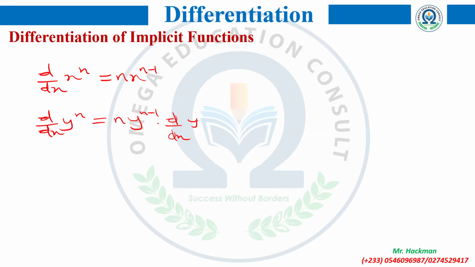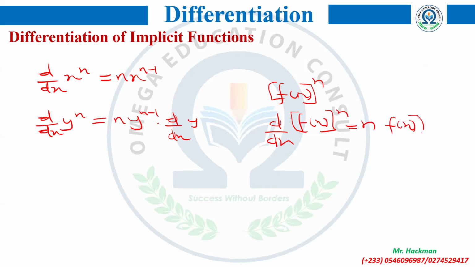Anytime you have a function to any power, if I differentiate it with respect to x, this is the rule: bring the exponent down, keep your function, reduce the exponent by 1. But that's not all, times the differential of the function itself. Is that clear?